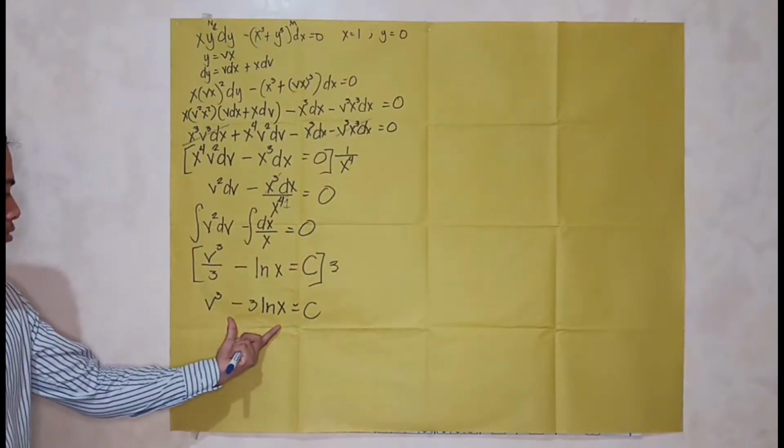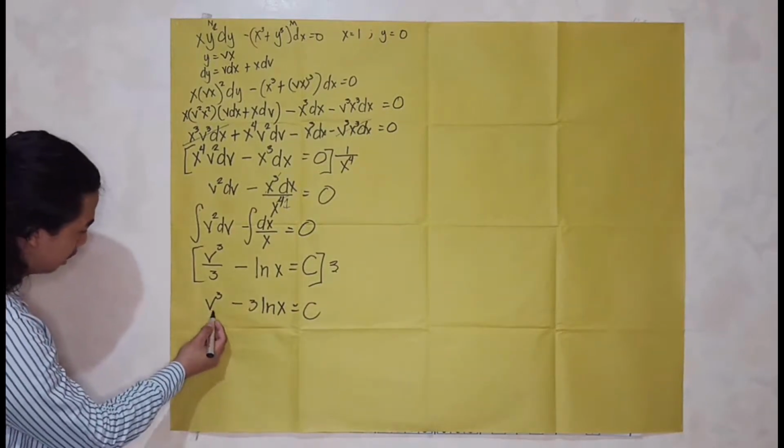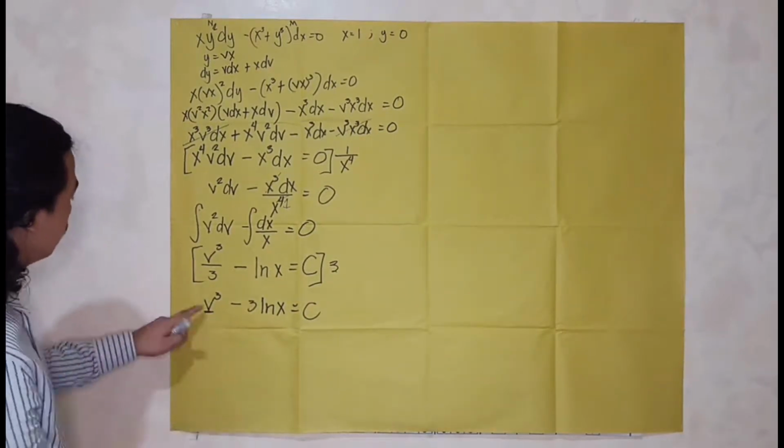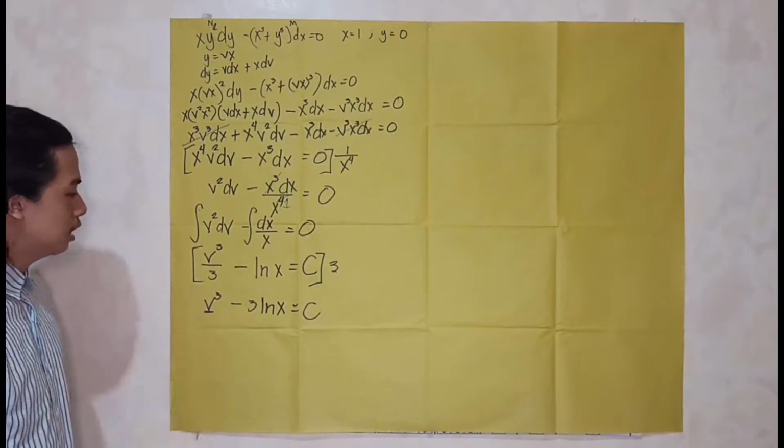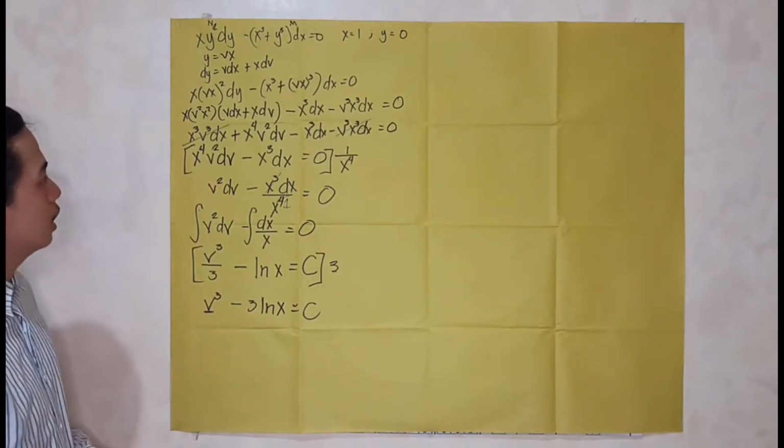So, nakuha na natin yung general solution, pero, meron pa rin tayong v. So, gagawin natin, ibabalik na natin siya sa original variables niya, which is x and y.